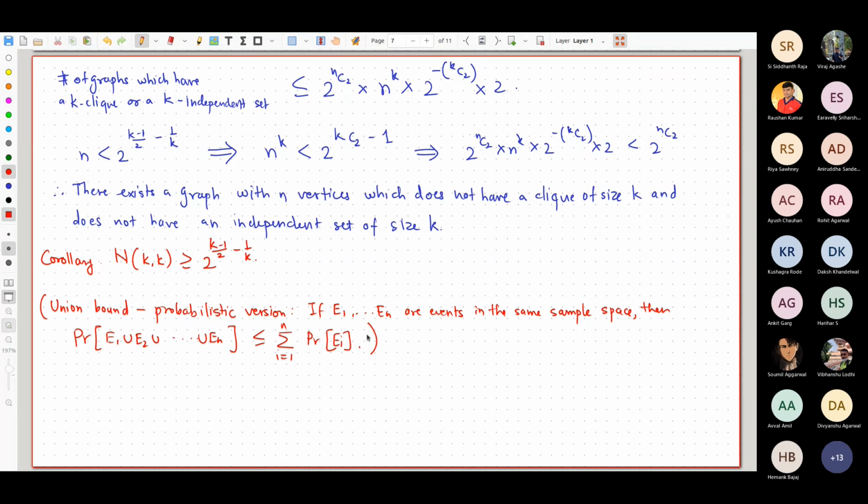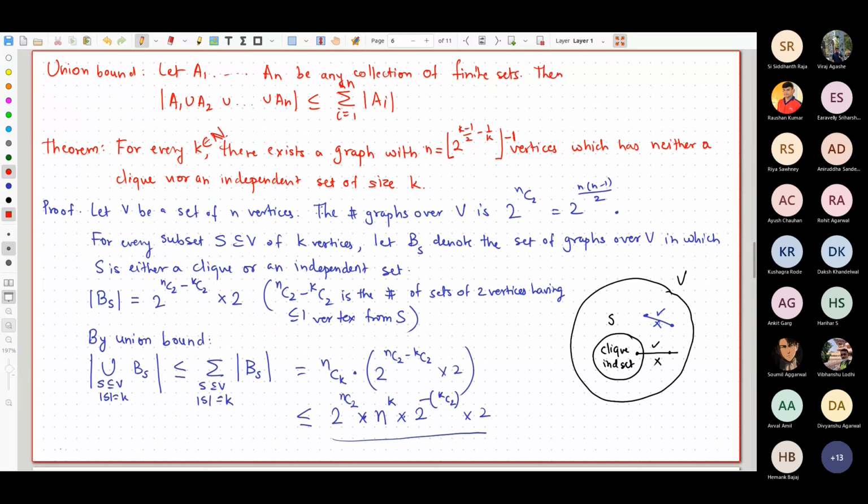Could you repeat what E1 was here? Was it related to the Ramsey case or is it a generalization? Did E1 have something to do with this B_S or was it just a general statement? It had. So this is the cardinality version of union bound.